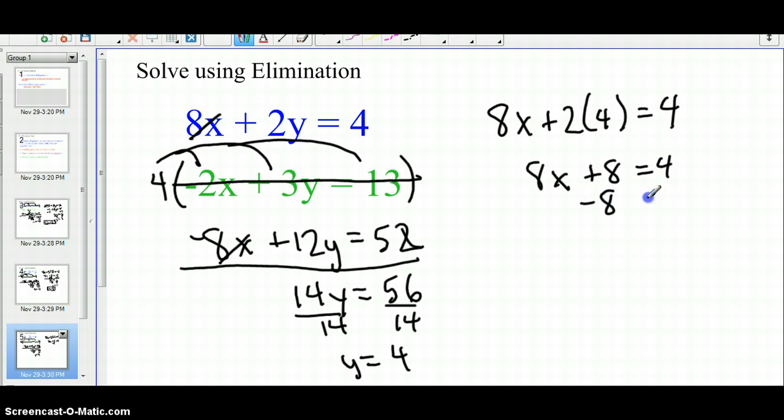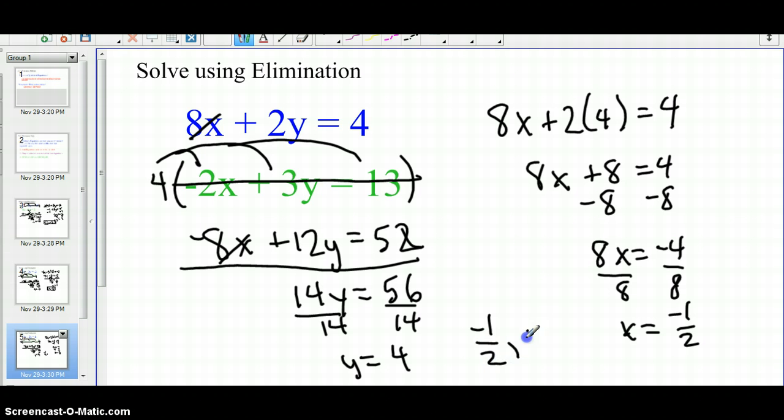Subtract 8 from both sides. So I have 8x equals negative 4. Divide by 8. So x equals negative 1/2. So there's my ordered pair. Negative 1/2, 4.